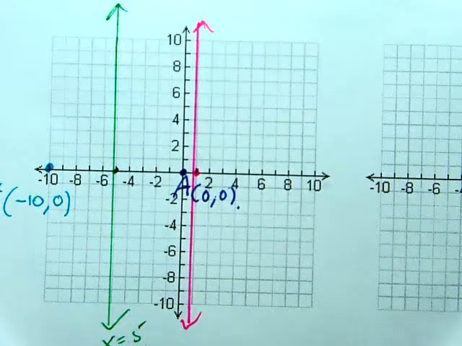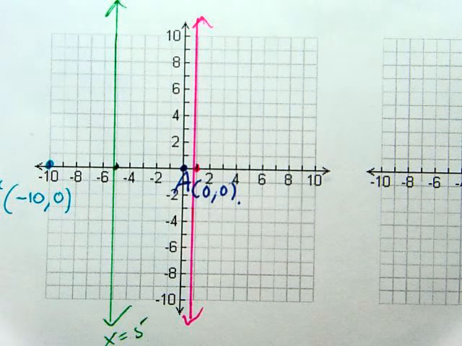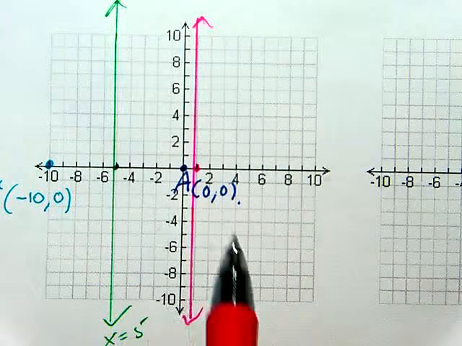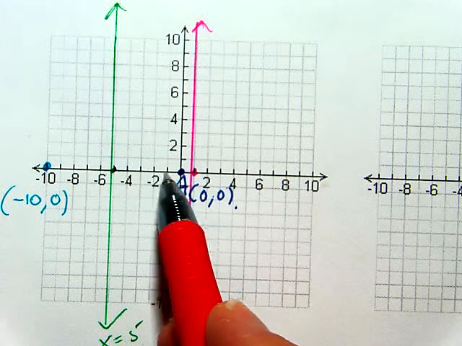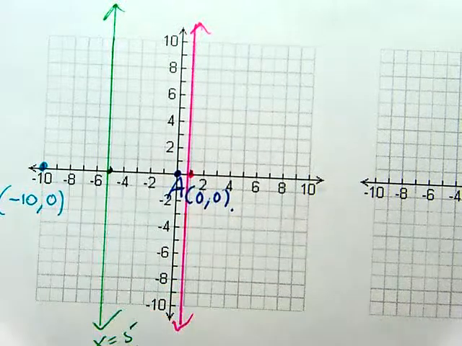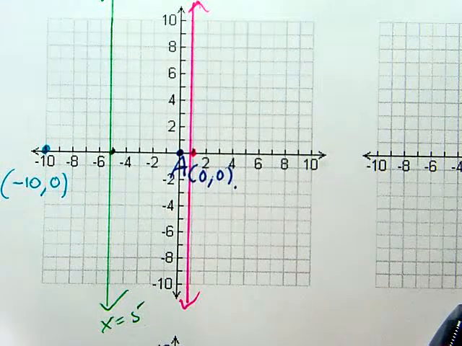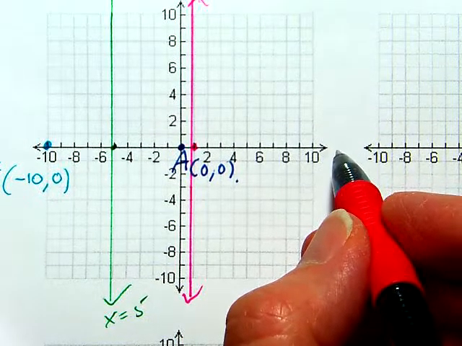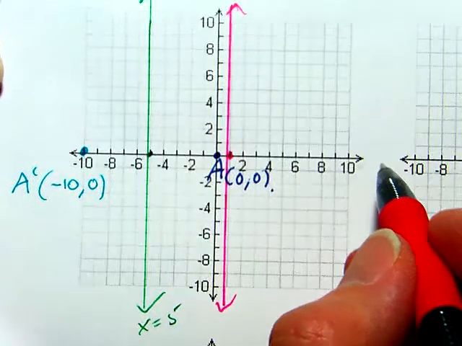Now let's reflect A prime into A double prime. How many units to the left of x equals 1 is A prime? Let's count: 1, 2, 3, 4, 5, 6, 7, 8, 9, 10, 11. So we've got to go 11 points to the right of this line, and that will be A double prime.